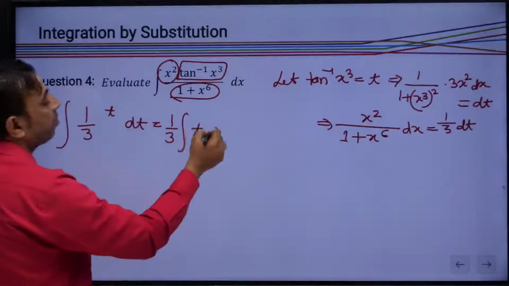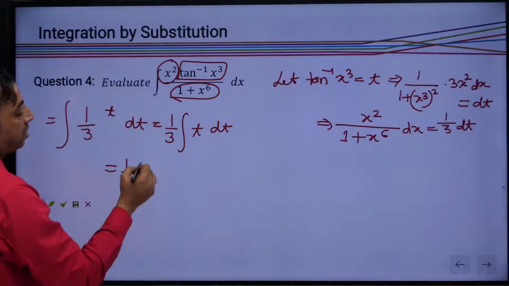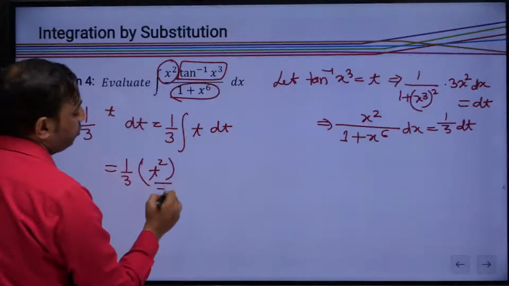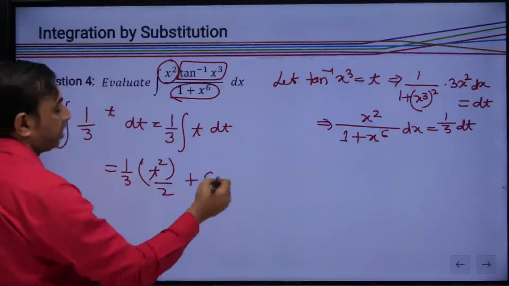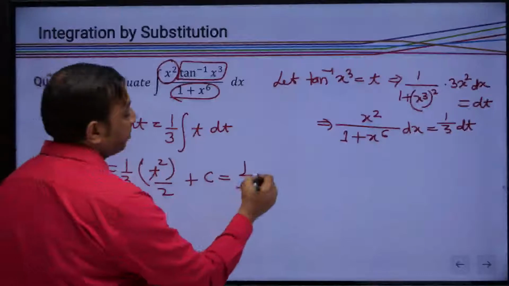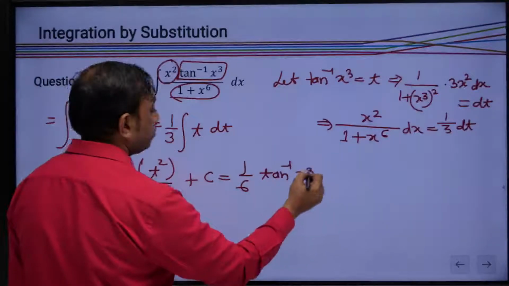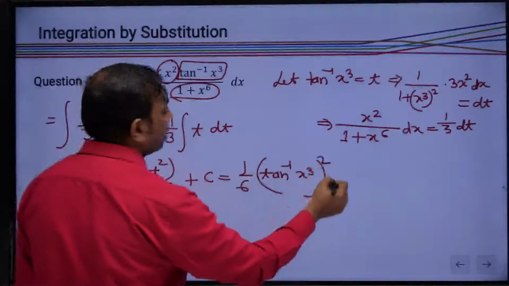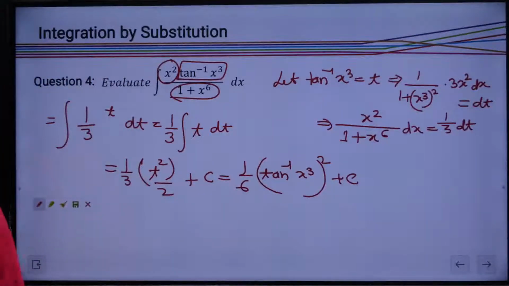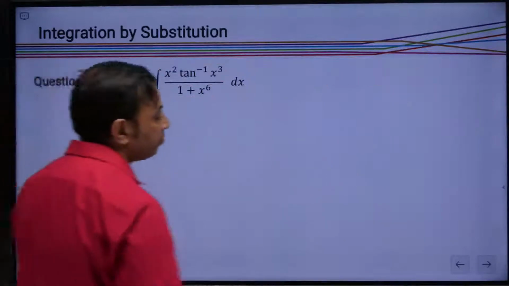I need to integrate only t in this case, and the integration of t is t square by 2 and an integrating constant, and later on I can write t as tan inverse x cube. So, t is tan inverse x cube whole square and an integrating constant. So, this is how we proceed for the substitution method, the different methods that we can try.